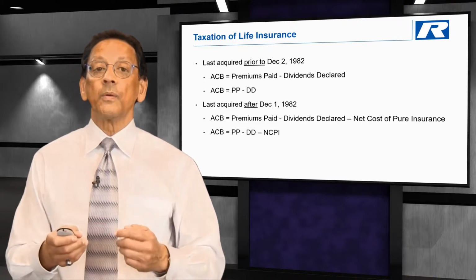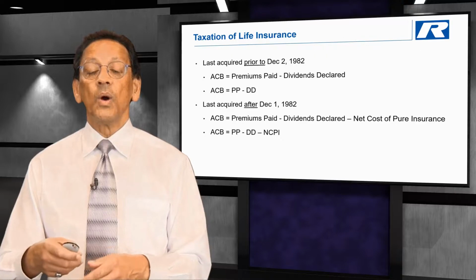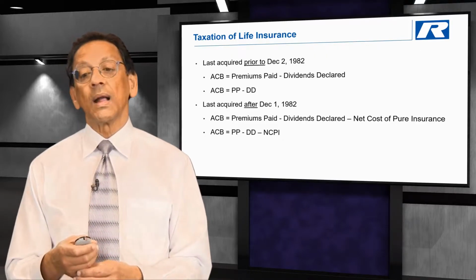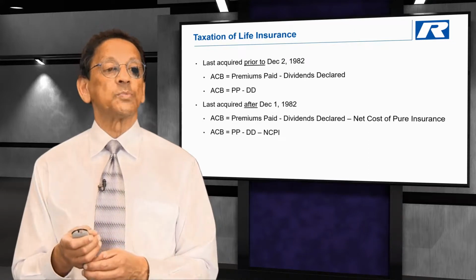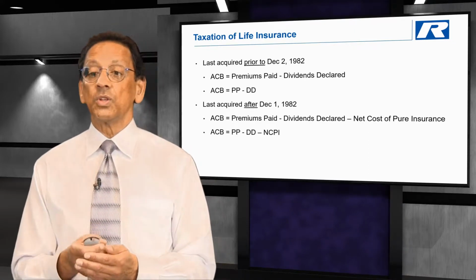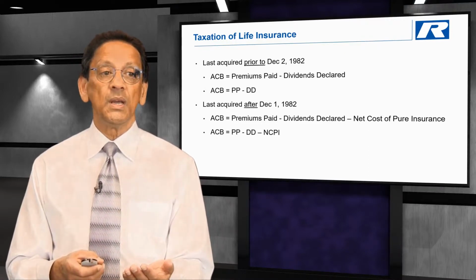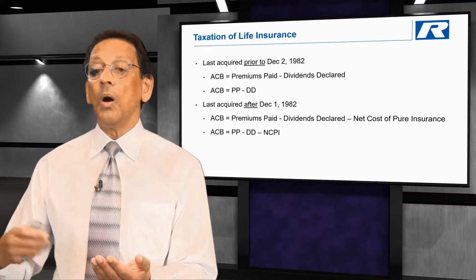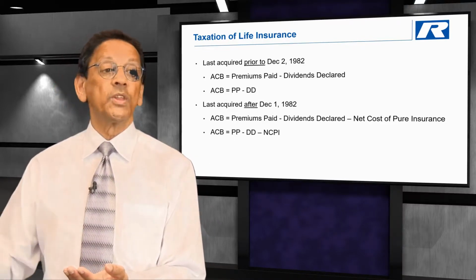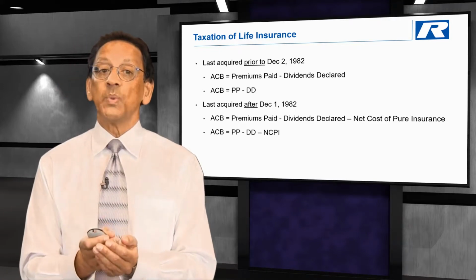Now you may recall from a previous section, participating whole life policies are the ones that would have declared dividends. And so if I wanted to calculate the adjusted cost base on my participating whole life policy, I would have to determine the total number of premiums I paid in since I own the policy and subtract from that all the dividends I would have received from the company over the years I held the policy. That will be my adjusted cost base.